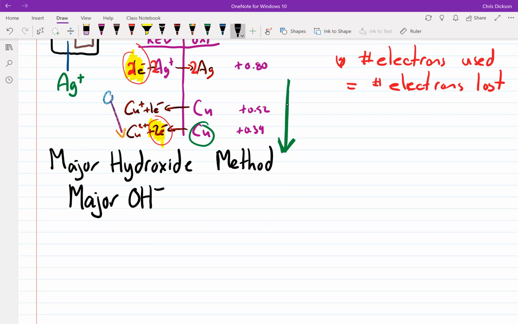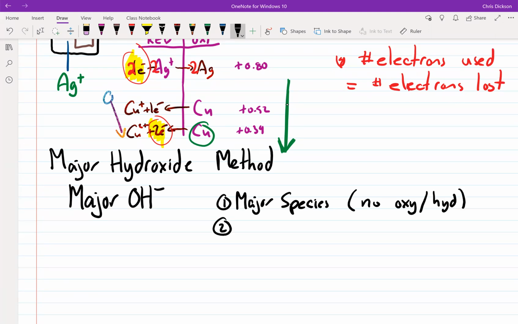This is just a memory device for you, kind of like LEO goes GER. But the major part is what you should always start with. So we balance what are called major species first, and that basically means no oxygen or hydrogen. You would basically ignore the oxygens and hydrogens in the reaction, if there are any. The second thing you want to balance is oxygen.